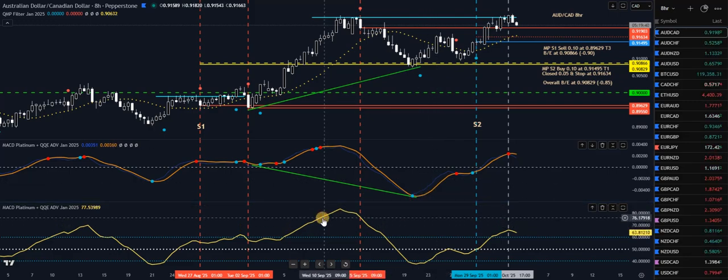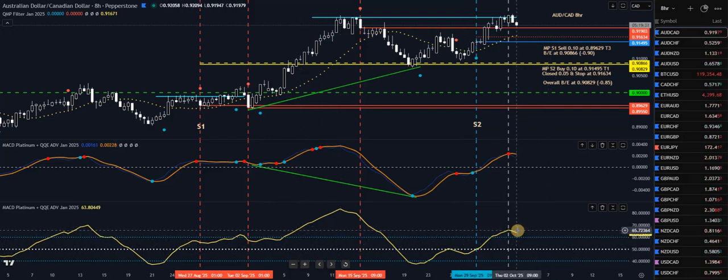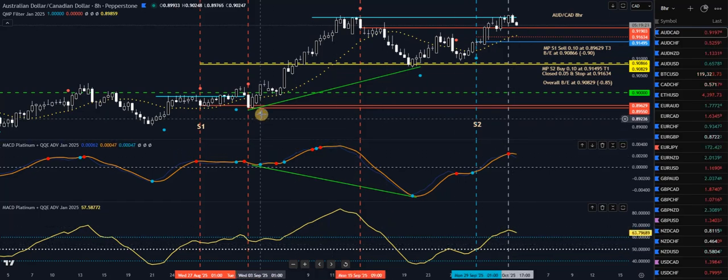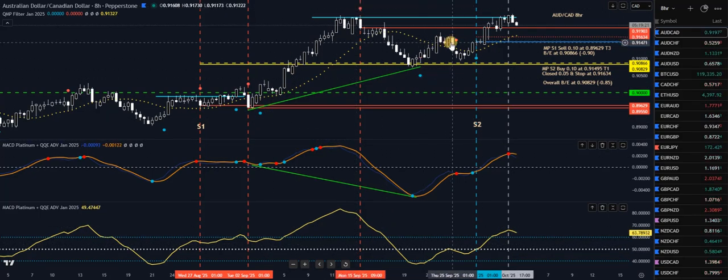Now, the way I'm looking at this is mainly using the QQE Advanced. When it goes above the overbought level, which is 60, I'm looking to sell. When it goes below the oversold level, which is 40, I'm looking to buy. I use the QMP filter dots, these red and blue dots on the price chart, to give me my trade entries.